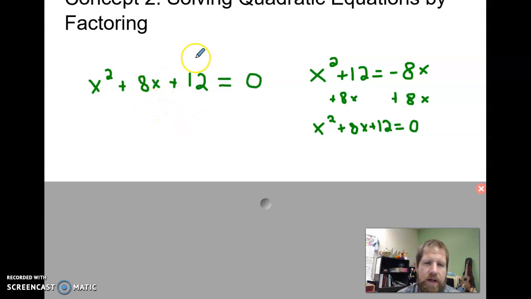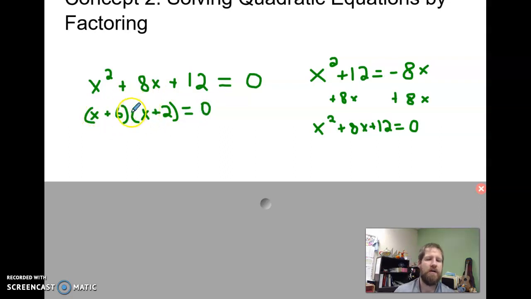Right off the bat, I can see that it's probably going to be 6 and 2. 6 times 2 is 12. 6 plus 2 is 8. So I'm going to go x plus 6 and x plus 2. And remember, that's still equal to 0.